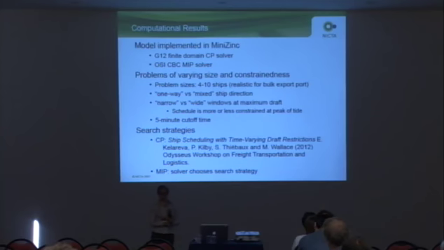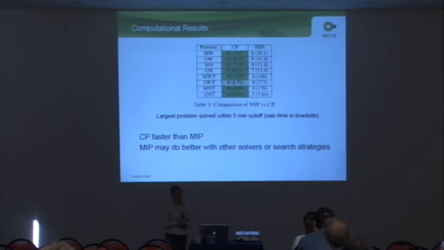We looked at some search strategies for the CP model, and these are described in this paper. And for the MIP model, we let the solver choose the strategy. So the results show that the CP model is much faster than the MIP in all cases. But it's possible that maybe the MIP may be able to do better with other solvers, other search strategies, or a better model.